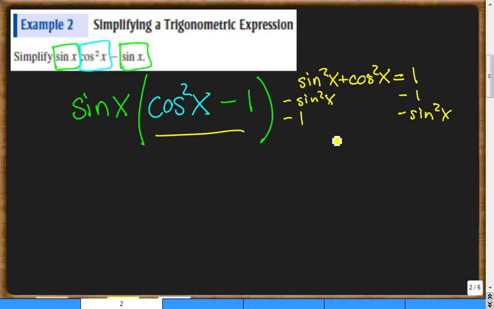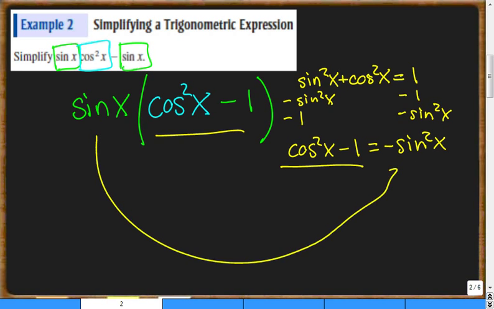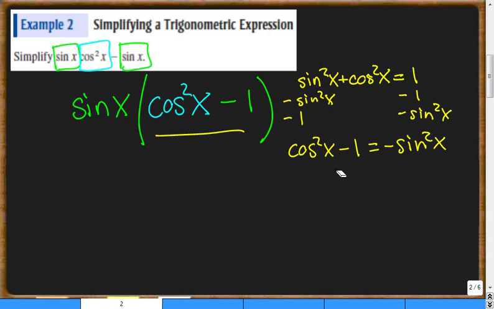And what you should end up with is cosine squared of x minus 1 equals negative sine squared of x. Now, I'm going to want to replace these, because this is a sine, this is a sine. I can actually combine this and make things a little simpler for myself.